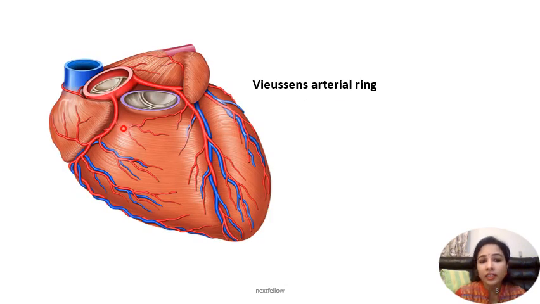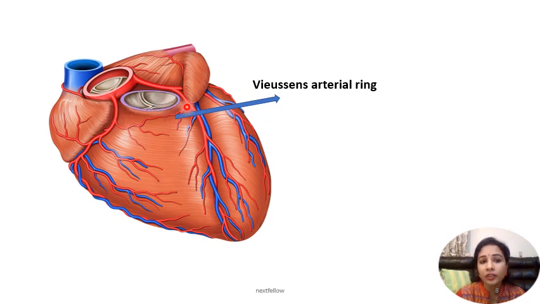So we can see here the right conus artery and the left conus artery. They anastomose with each other, forming an arterial ring called Vieussens' arterial ring. This anastomosis is usually present in front of the pulmonary trunk. So this is the pulmonary trunk.